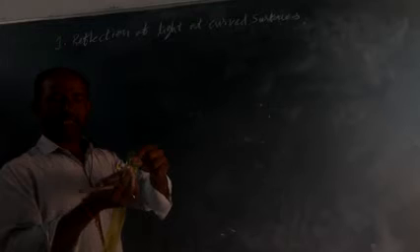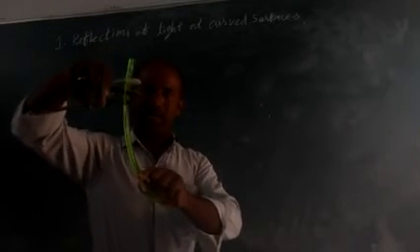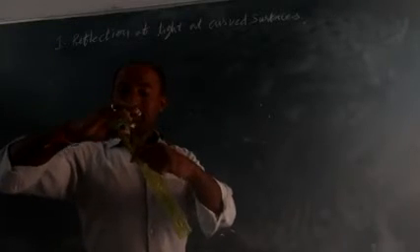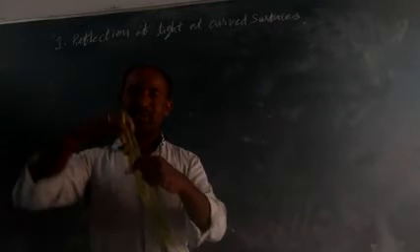Now activity 1. In activity 1, you are going to take a slipper sole like this, or any similar sole. In this slipper sole you have to attach the pins like this.